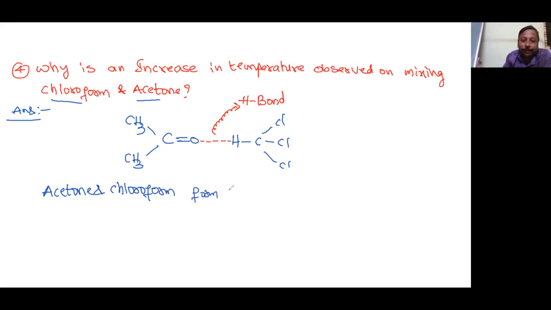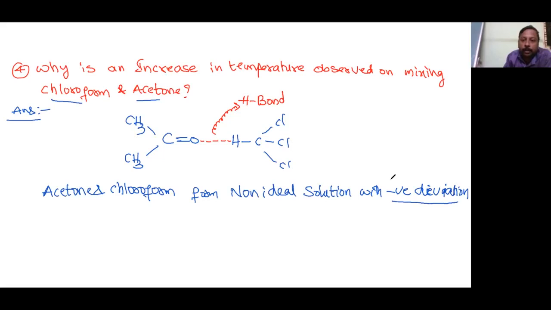Acetone and chloroform form non-ideal solution with negative deviation. You write anything, but if you don't write this word, that is why most of the students are not scoring.